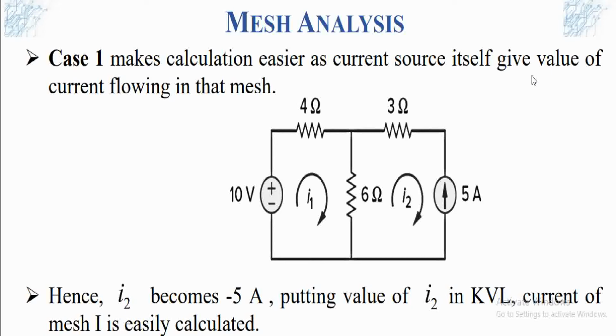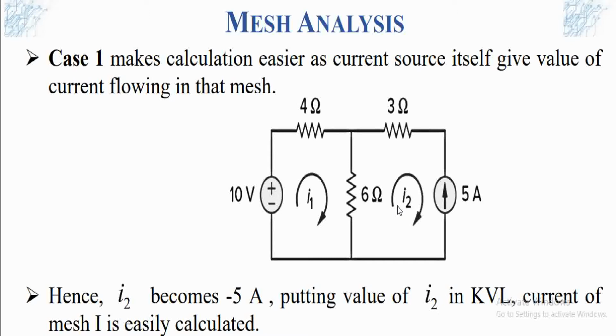Have you understood the statement that the current source itself gives the value of the current flowing in that mesh? It means this current source gives the value of the current flowing in the mesh. So what is the current flowing in the mesh? That is I2. This 5 amps current gives the information about I2.